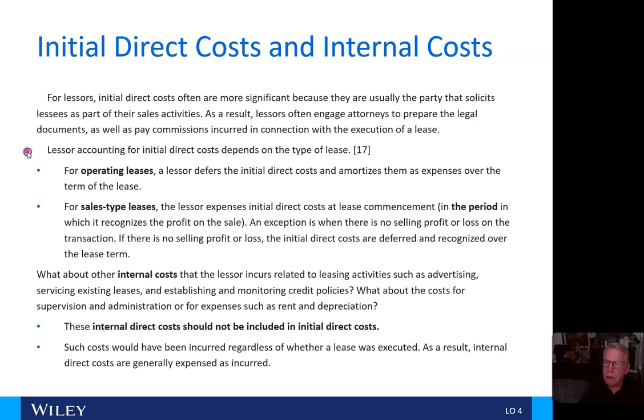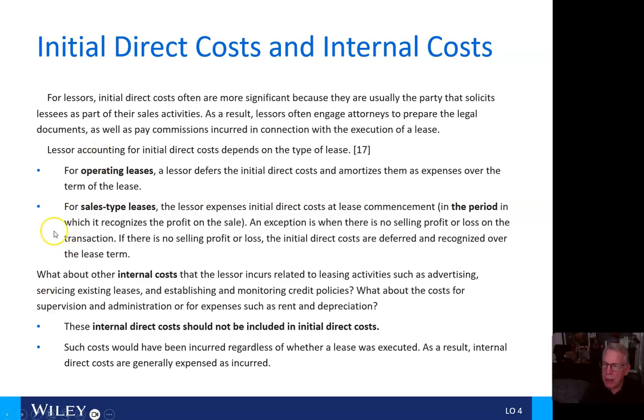So, the lessor accounting for initial direct costs will depend on the type of lease. For operating leases, a lessor defers the initial direct costs and amortizes them as expenses over the term of the lease.